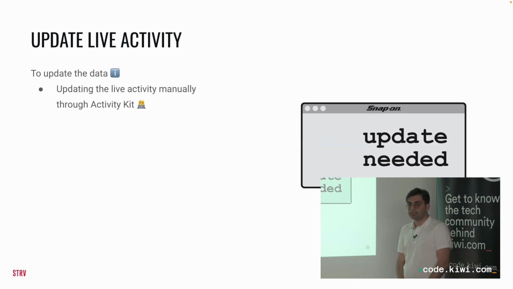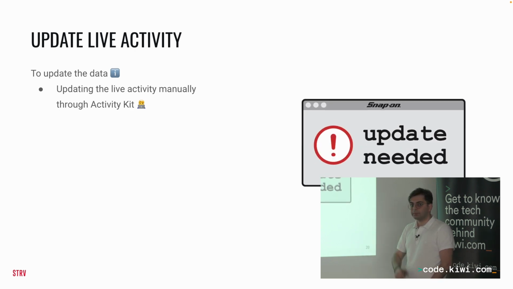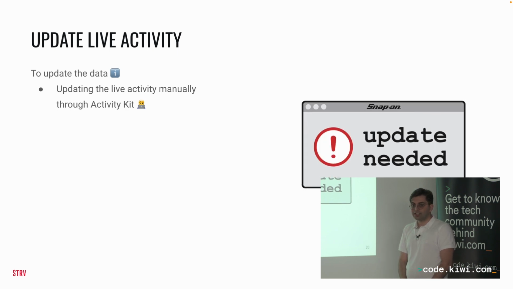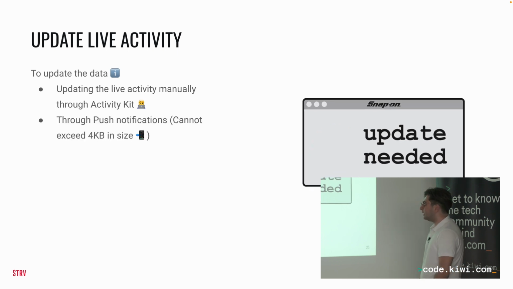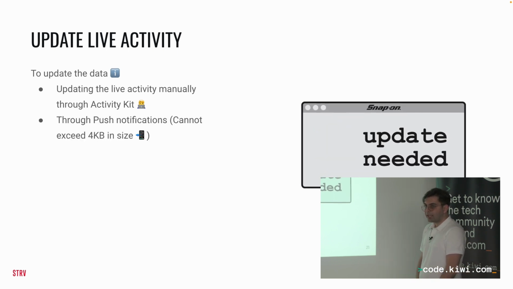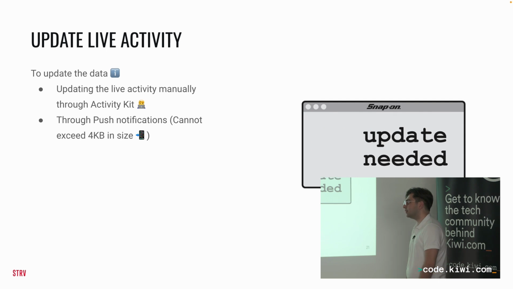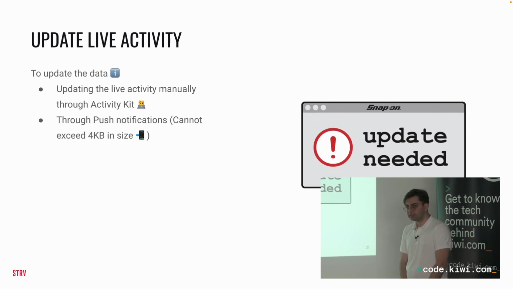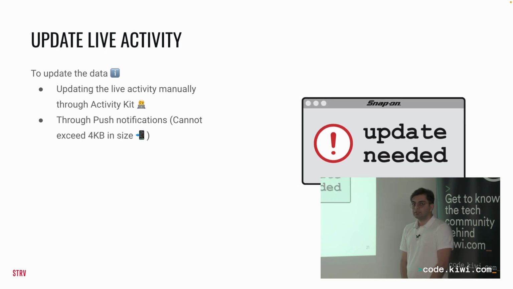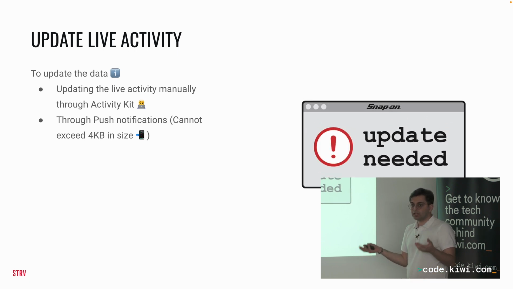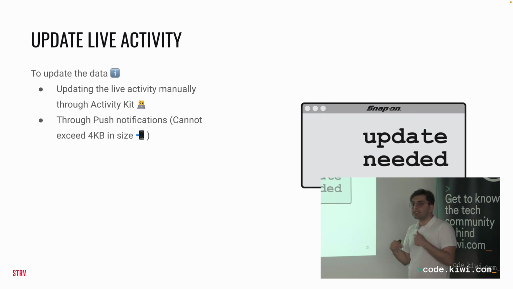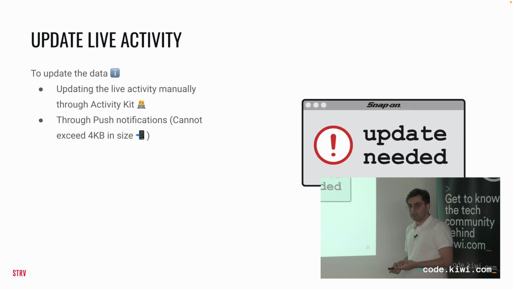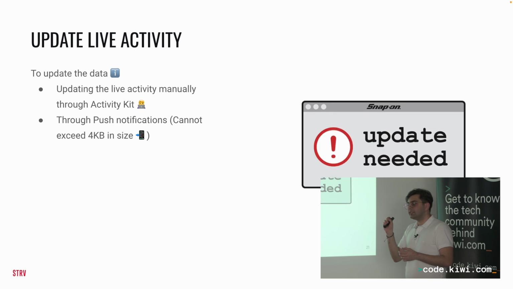But maybe you ask, okay, maybe the user terminates the app, and then how can we update it? The solution for that is the notification. Apple provided these push notification services. Like a normal notification we can send, there is a type in the notification that you can send to the user, to that device, which has a specific type for live activities.